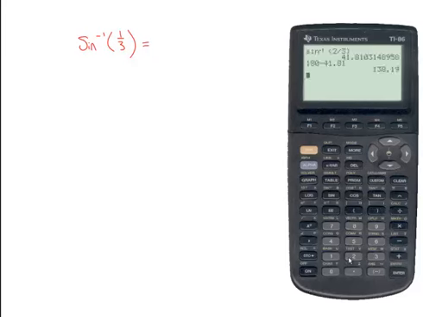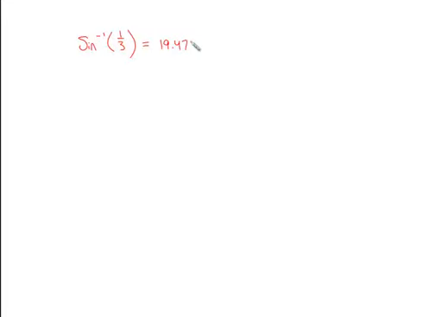So why is it when I see inverse sine of 1/3, we punch this into our calculator: inverse sine, parentheses, 1 divided by 3. We get 19.47 degrees. And that's the only answer.